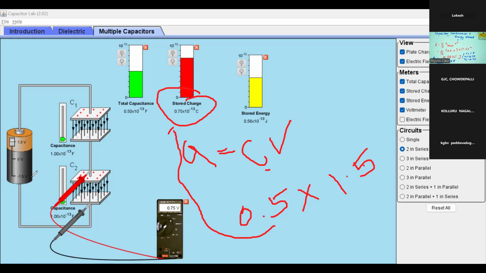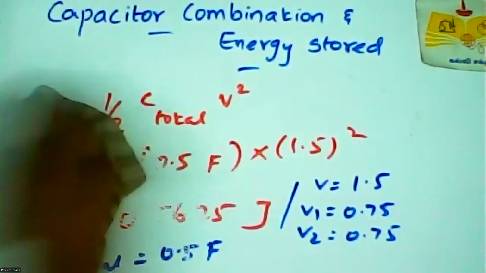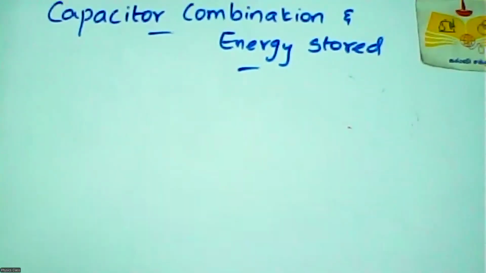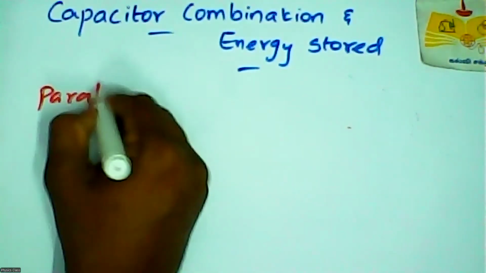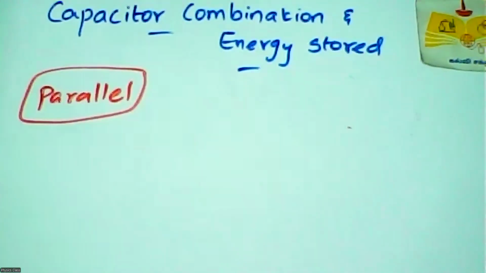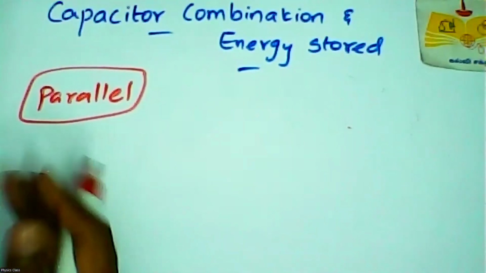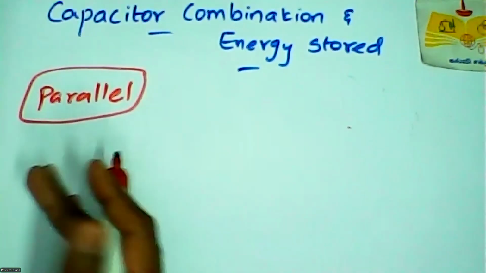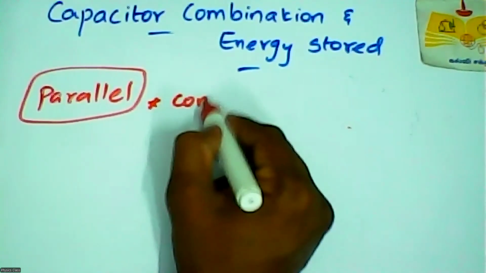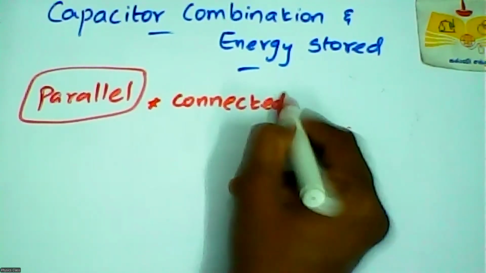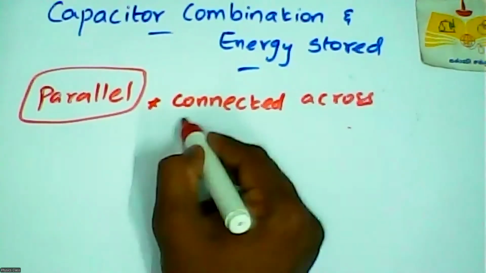Now we will move into the parallel connection. In a parallel connection, capacitors are connected across the same 2 points.